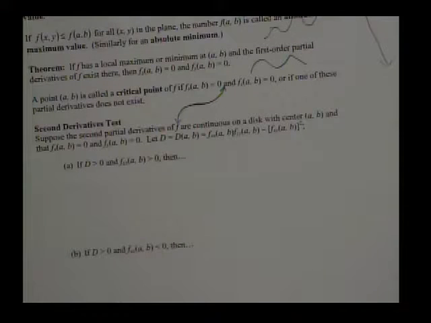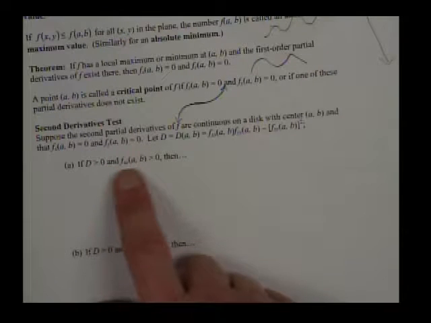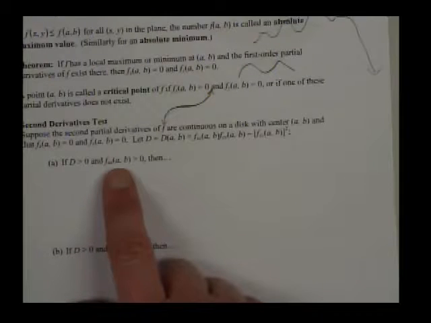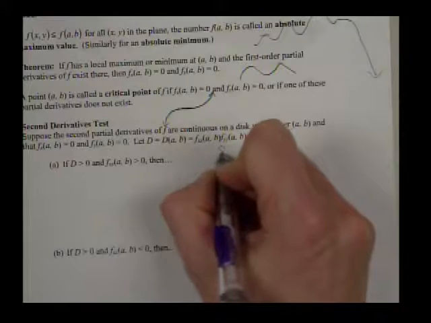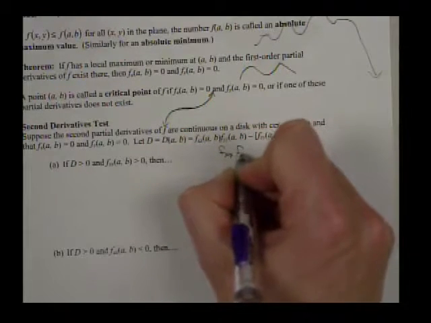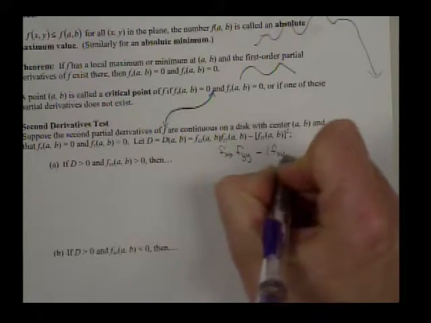And then we have these three different conditions. It says if D is positive and the second partial with respect to x is positive, well, let's think about this expression: f sub xx, f sub yy minus f sub xy squared.